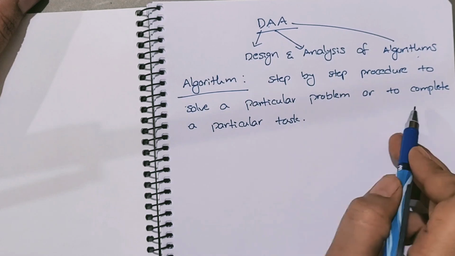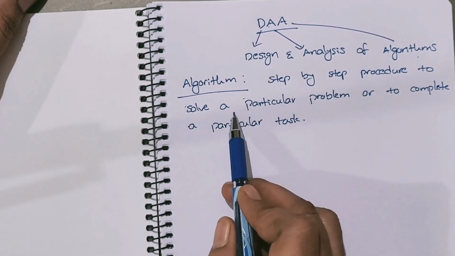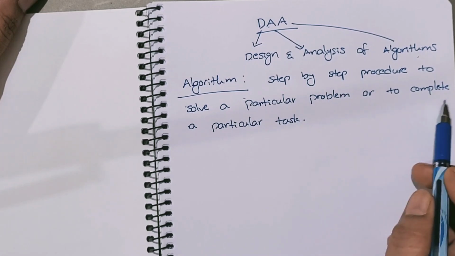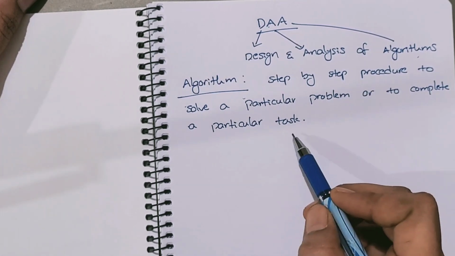So this is the basic definition. An algorithm is a step-by-step procedure to solve a particular problem or to complete a particular task. So this is what an algorithm is.